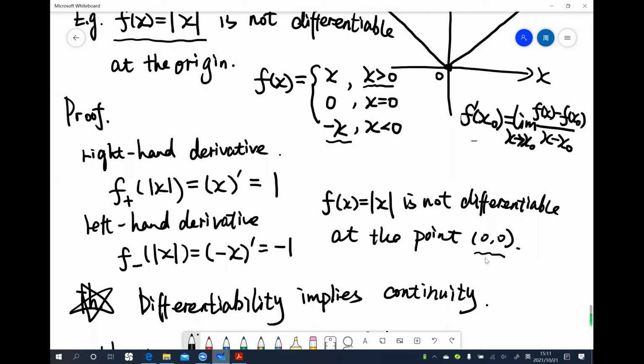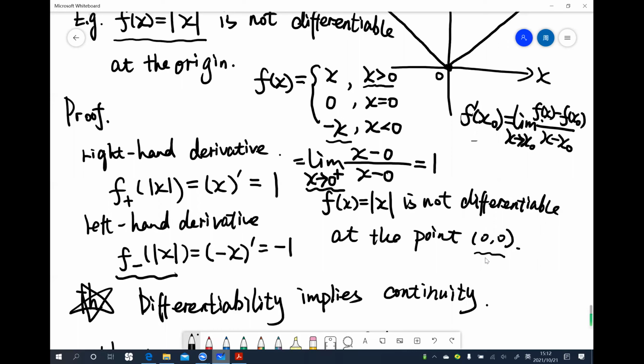So from the right hand, x approaches 0 from the right, and f(x) here is x. And f(0) is 0, right? And x minus 0, so we get 1 here.